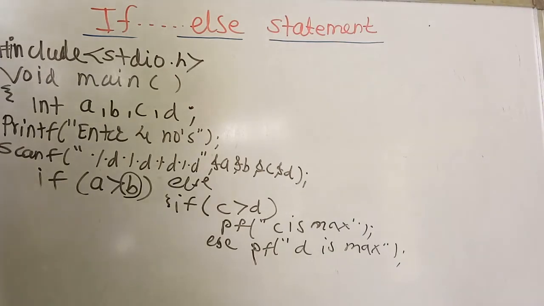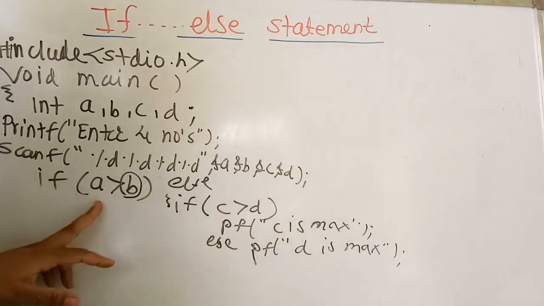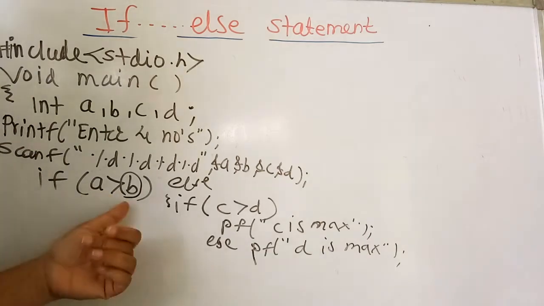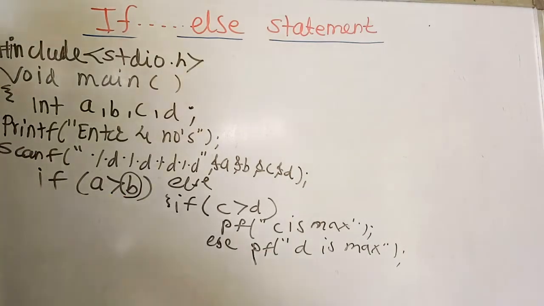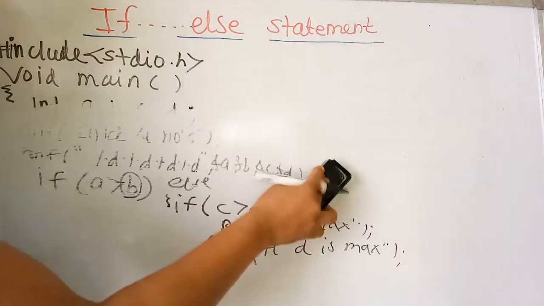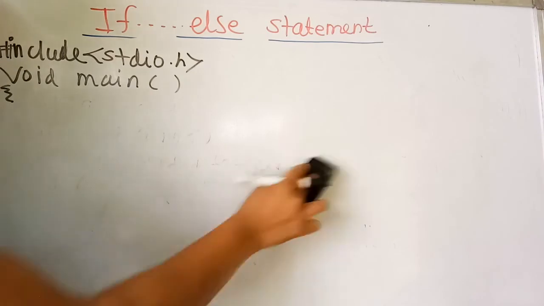Again, coming back to this statement. If this statement is false, meaning A is greater than B is false, meaning B is greater than A, then we have to check this B with the subsequent C and D. How it will go, we will take it in another step.